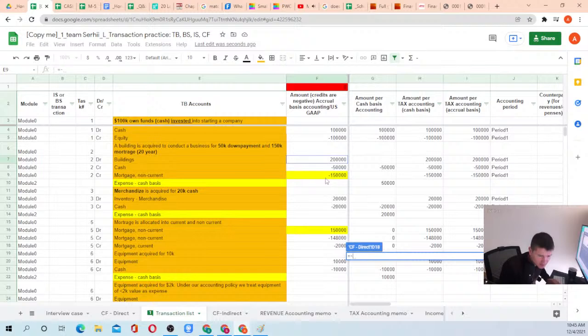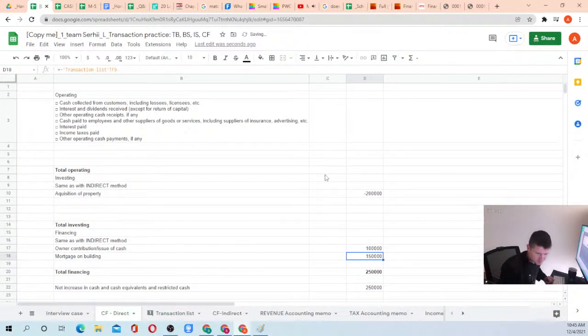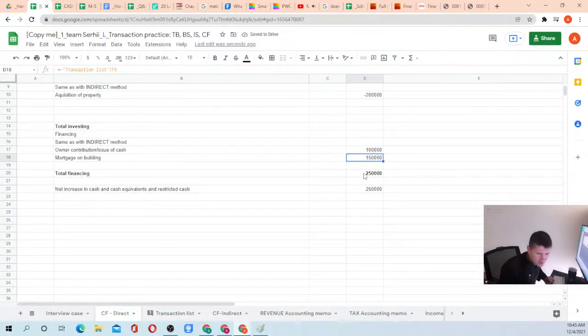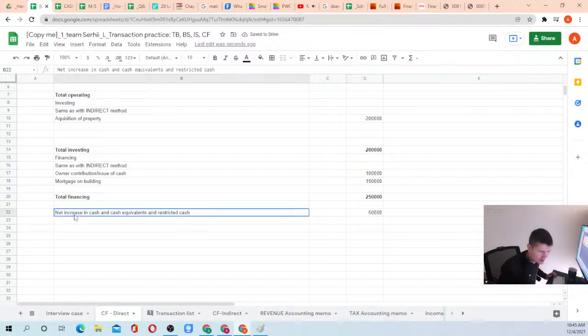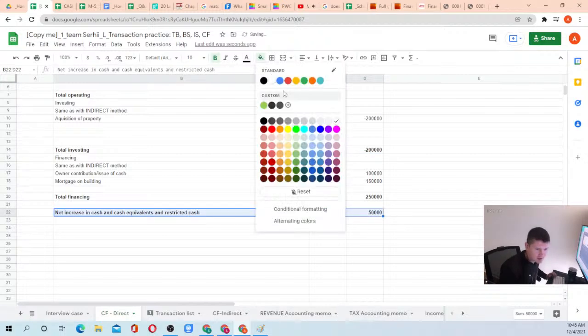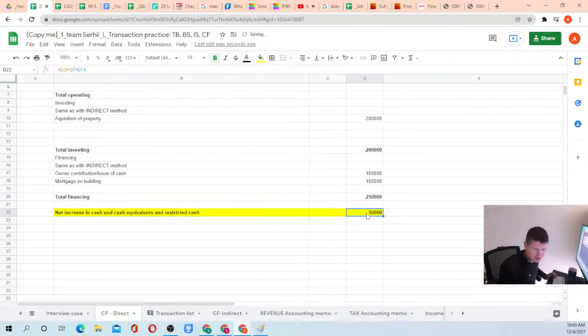Transactions list 150K. Okay, so why does my formula not work? Okay, total investing, I need to update. You see our net increase in cash and cash equivalents, let me highlight it in yellow, is 50,000.